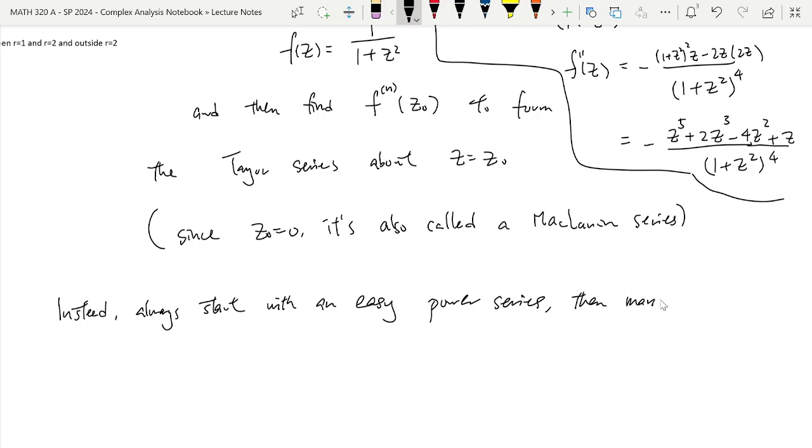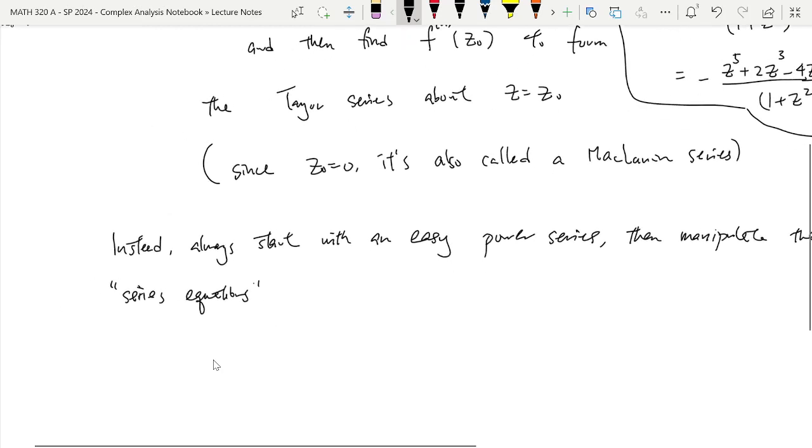Then manipulate the series. Equations. They're not really equations. Okay.